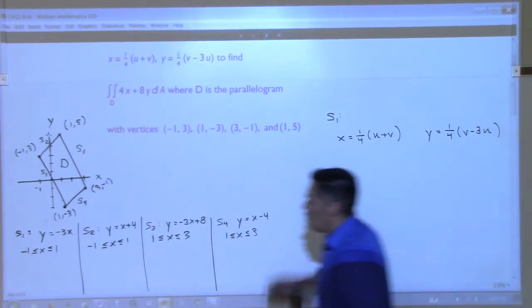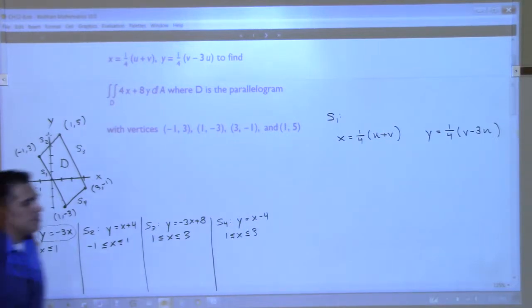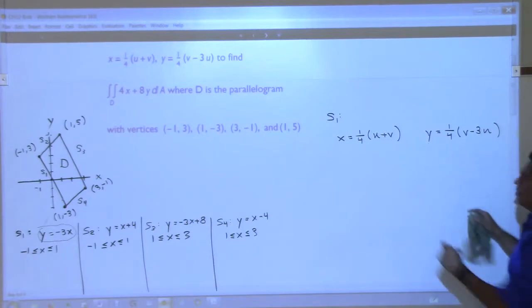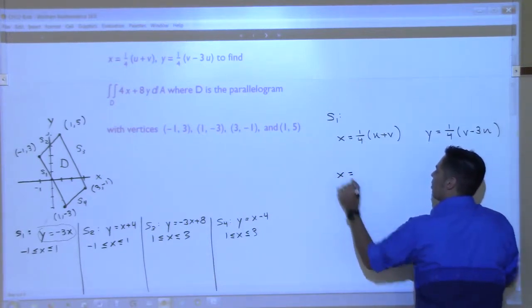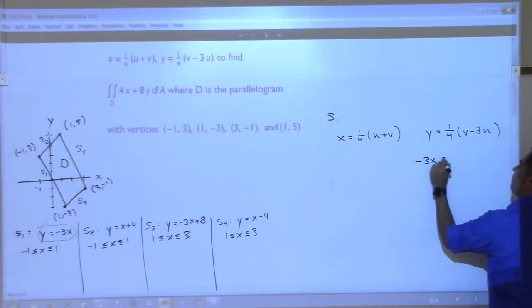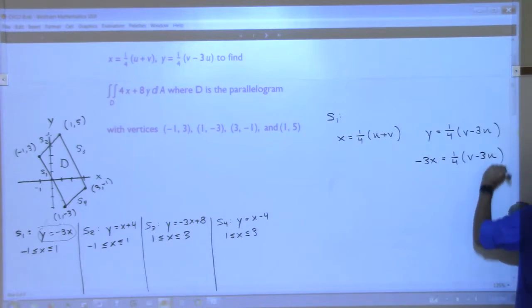But if I'm on S1, I have this relationship, that y is equal to negative 3x. So what I'm going to do is replace this with negative 3x. So this one is negative 3x equals 1/4 v minus 3u.